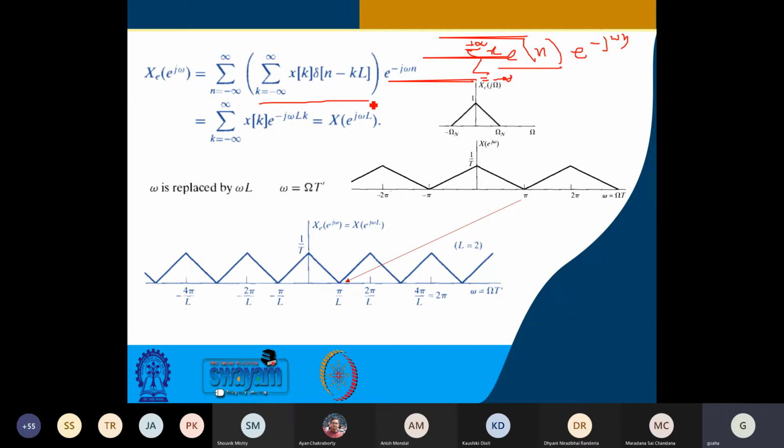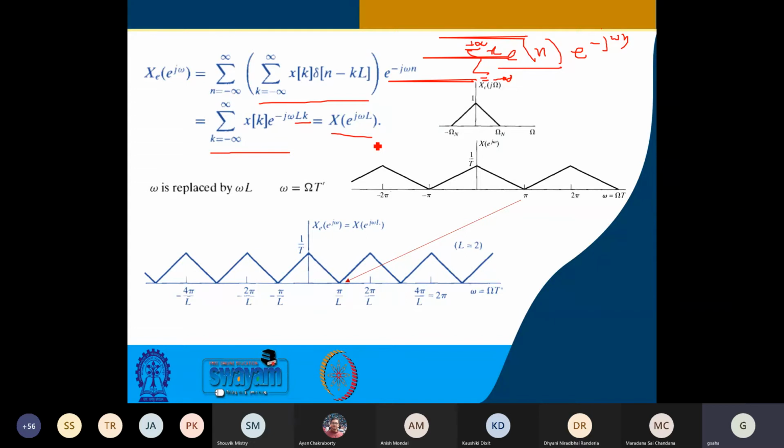And when I write this, I change the order of the summation. So this e to the power minus j omega n will be considered only for, otherwise it will be multiplied with 0, only for cases where n is equal to kL. And this equation is nothing but X(e^{j omega L}).